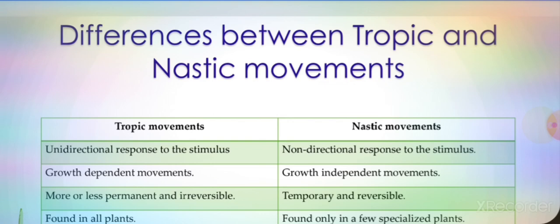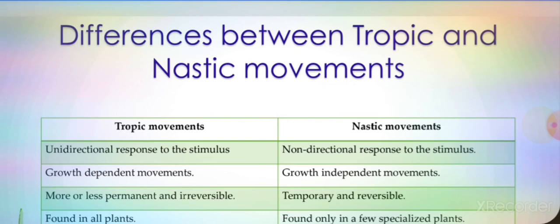That turgidity helps in opening the petals of the flower, and at night time the water moves out of the interior cells and the cells become deflated so that the petals close. So it is not growth dependent movement. In other words, it does not depend on growth.